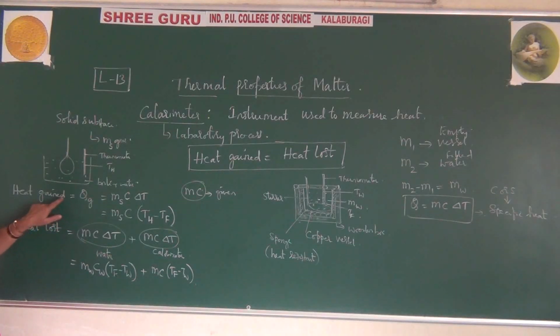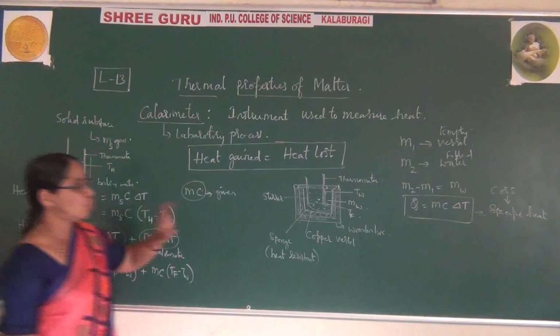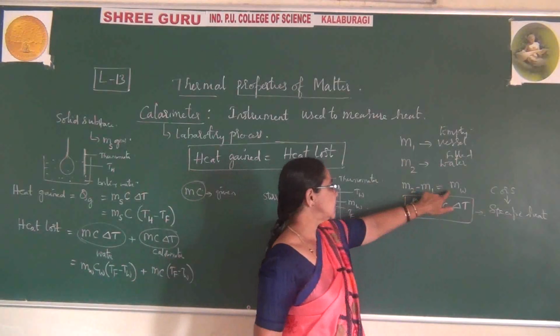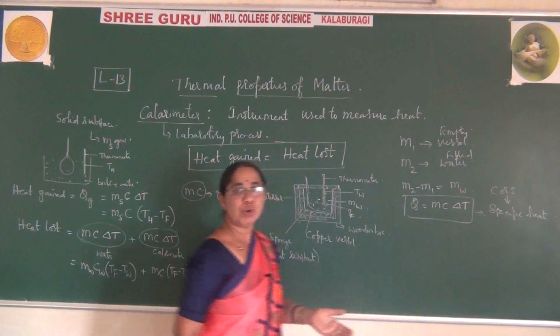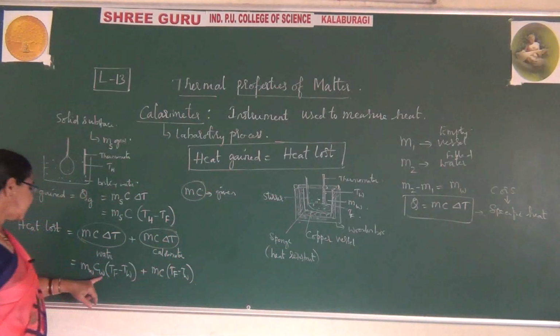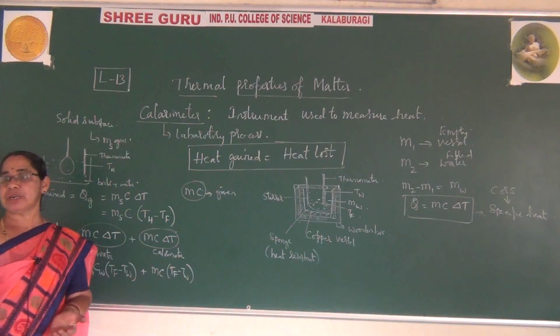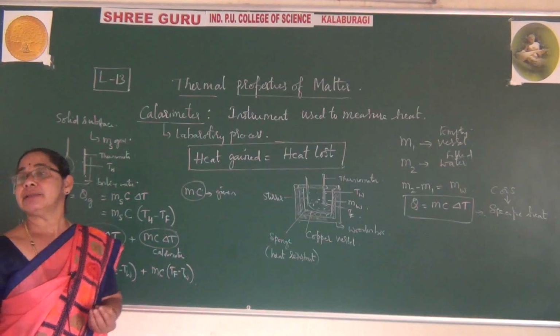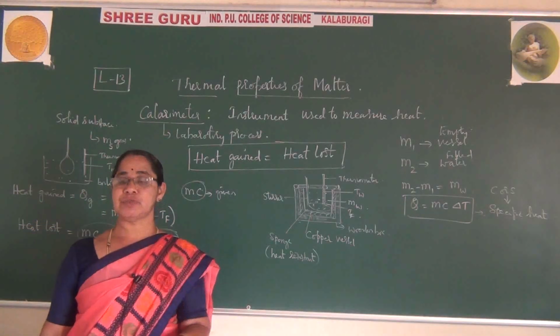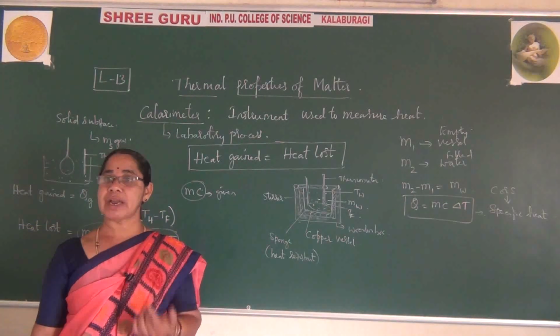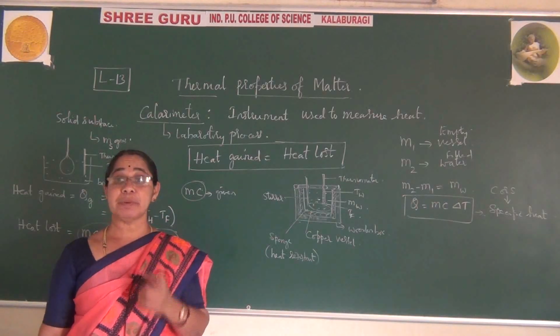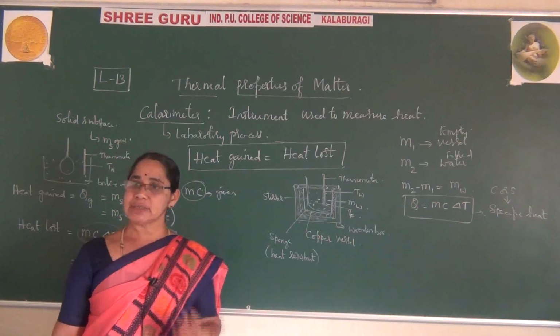So heat gain is equal to heat loss. We are writing the formula. So finally, in this case, the mass of water we have already measured. What is C_W? The specific heat of water. In the previous class I said water has the highest specific heat, which is 4186 joules per kg per Kelvin. That is already known.